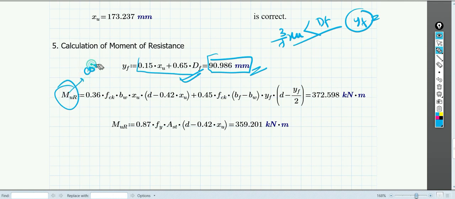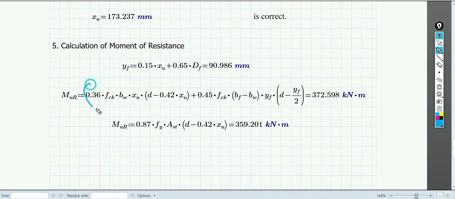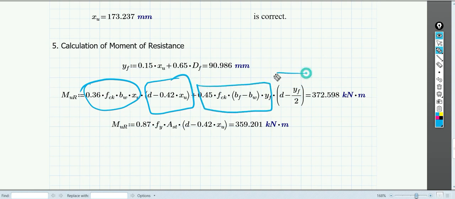And if you find out Mur, considering the concrete only, the equation is basically the same. This is the force component, this is the lever arm component here, this is the force component, this is the lever arm component over here, and obviously it will give you the moment, and it comes to 372.598 kilonewton meter.